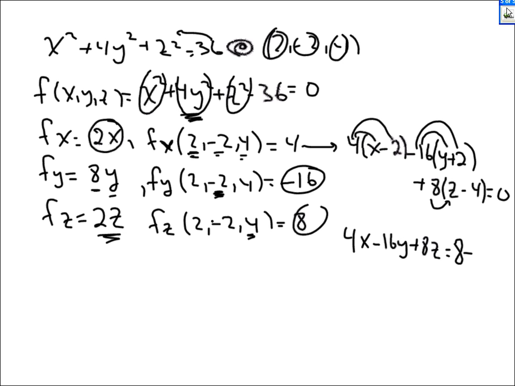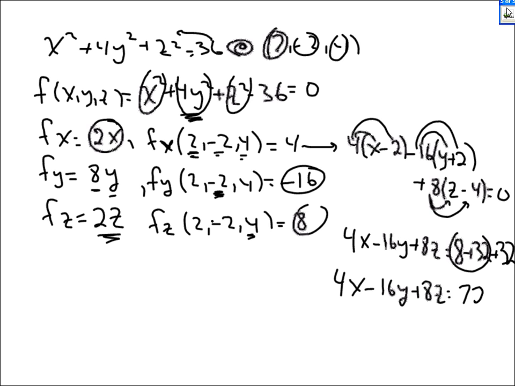Minus 32, the other side plus 32. So 4x minus 16y plus 8z is equal to 40 and 32, which is 72. I'm going to divide everything by good old 4, because that's the largest number that went into all of them.